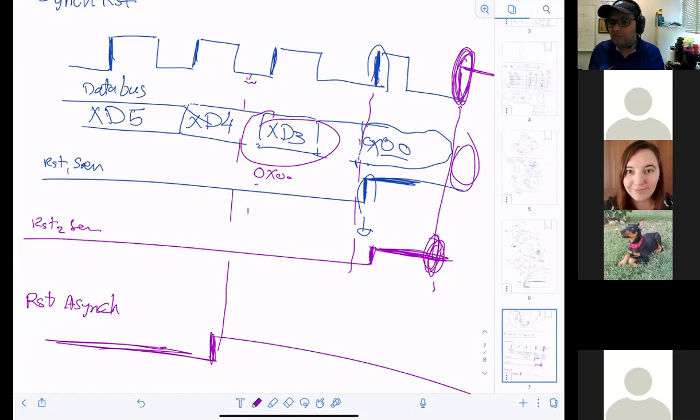Is there any question regarding this part? So this is active high? Yeah. Okay. Don't confuse yourself about active high or low now. The whole idea: if somebody tells you there is a synchronized reset, what does it mean? It only resets at the edges.